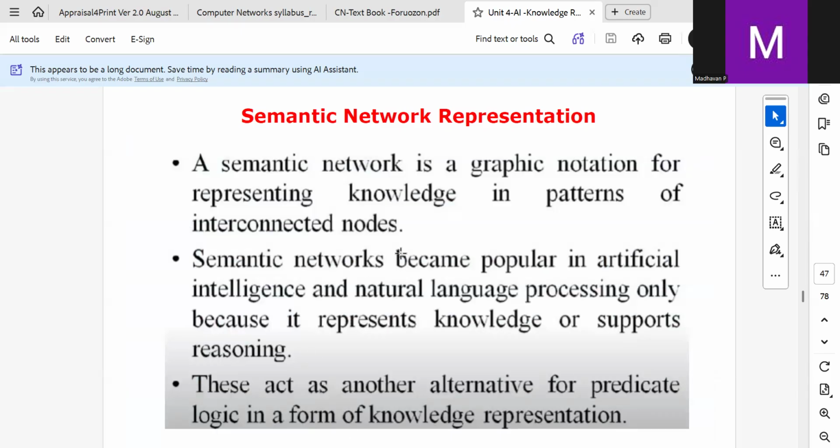So there are interconnecting points, and there is a line which connects all the nodes. It's most popular in AI and NLP because it represents knowledge easily and supports reasoning.